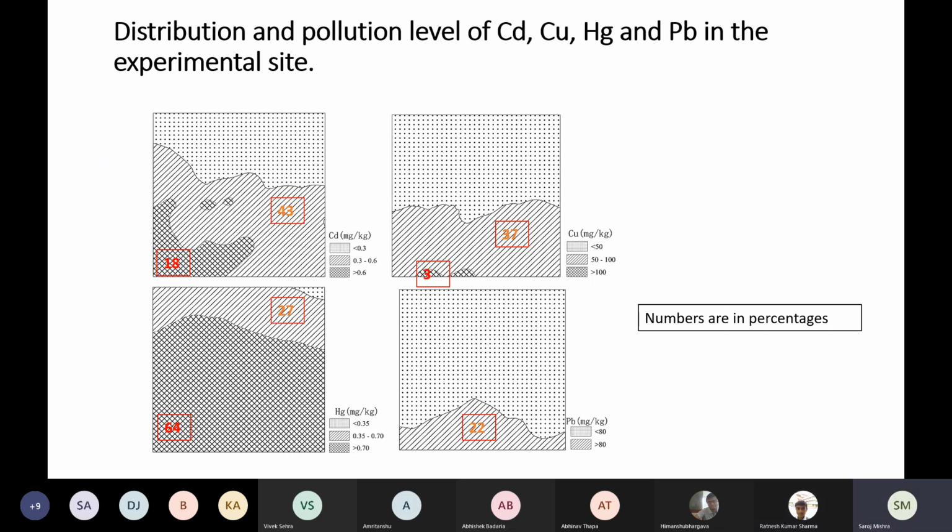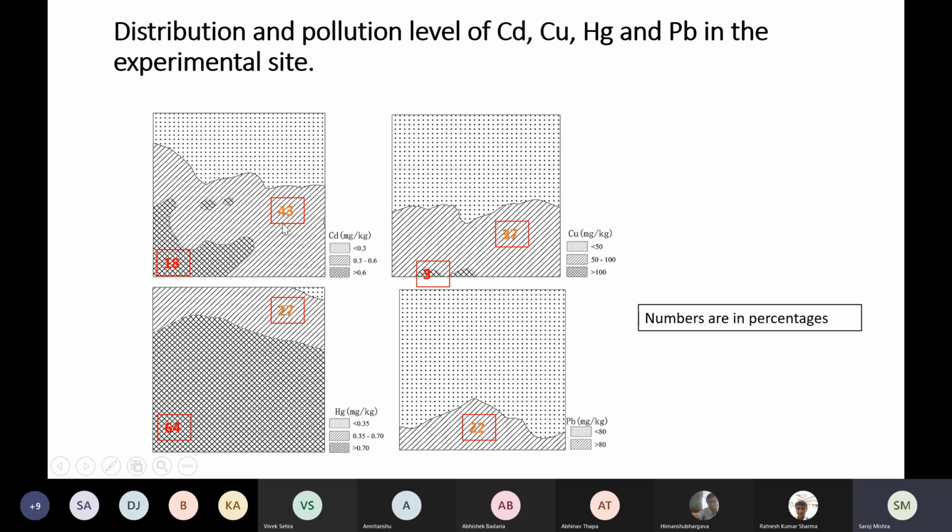Yes, ma'am. Okay, because there are 3 different zones here. This is the zone where the concentration of cadmium is less than 0.3 milligram per kilogram of soil, and that region is shown like this.